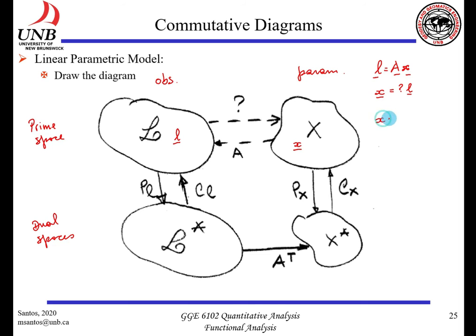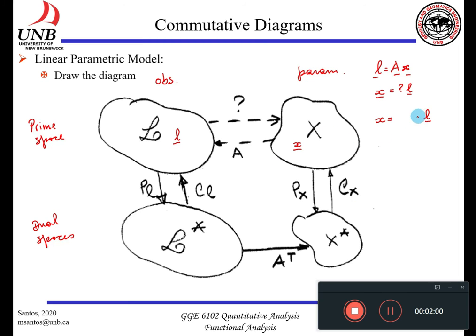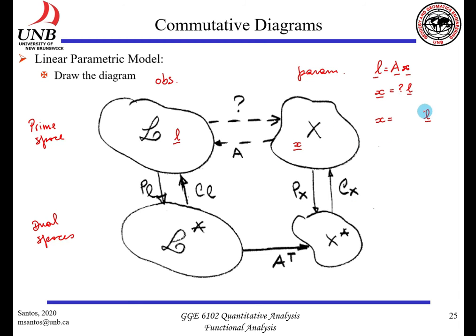In this case we start from L and go all the way to X. L is multiplied by PL, the weight matrix, then we use A transpose, and then CX.